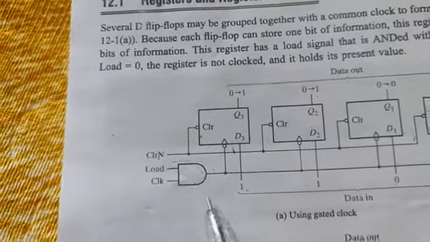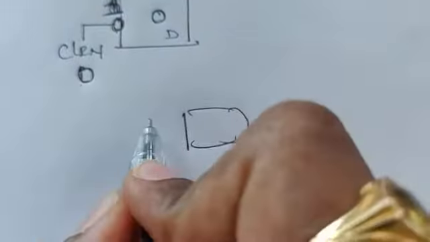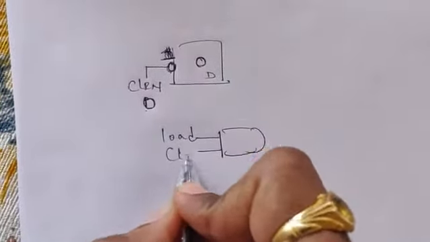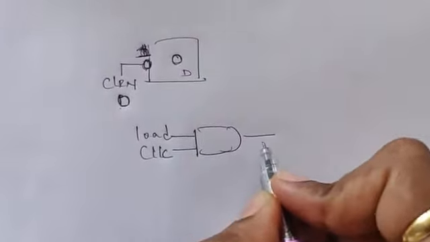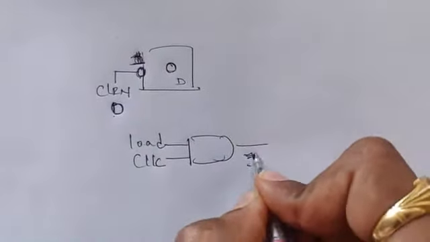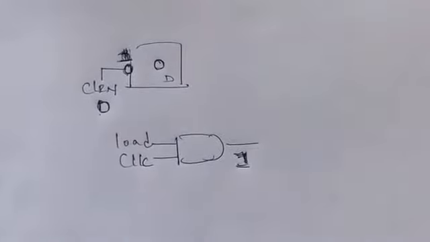But look at this AND gate. It takes load and clock as inputs. If you want to give the clock pulse to all 4 flip-flops, the output should be 1. 1 means active.